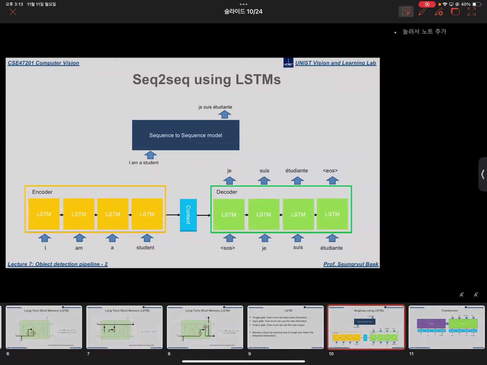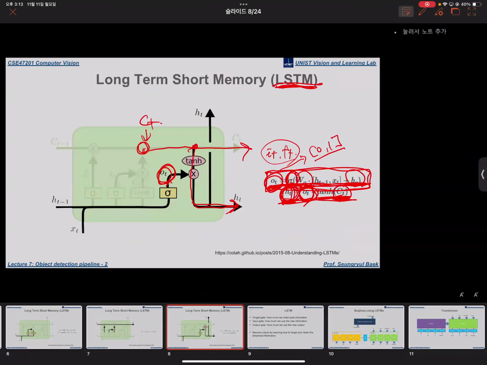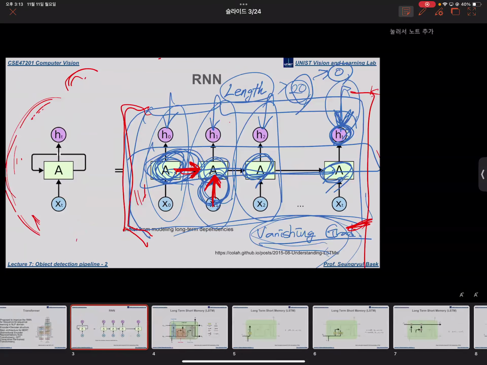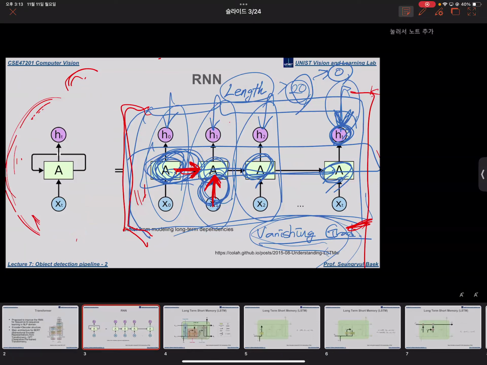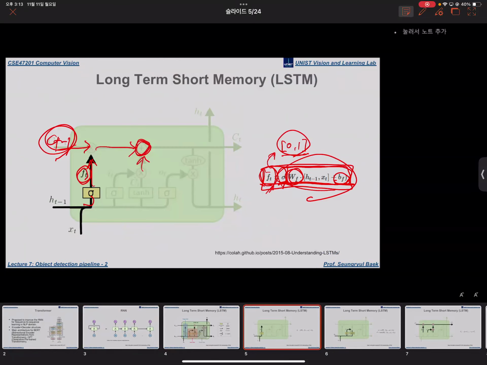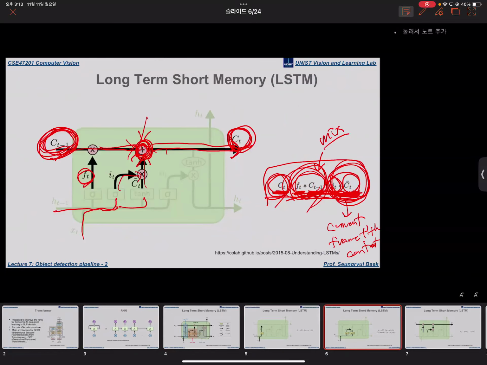This is kind of the background we have to know when learning the transformer architecture. This is something we have to learn for processing the sequential data. RNN and LSTM are the models used for processing the sequential data.